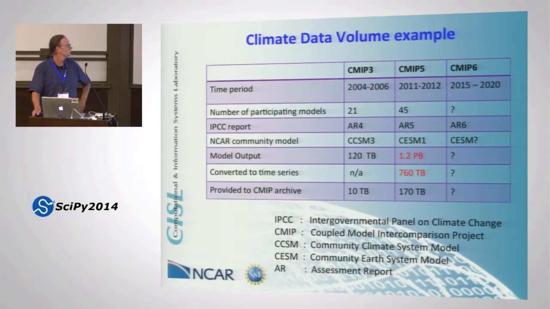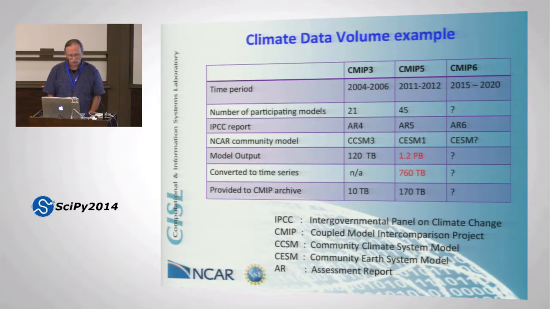So for example, one of NCAR's big things is contributing to the IPCC analysis and assessment reports, and that's through the CMIP project, which is the Coupled Model Intercomparison Project.